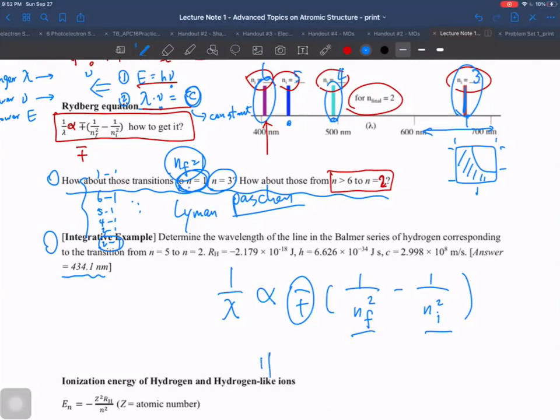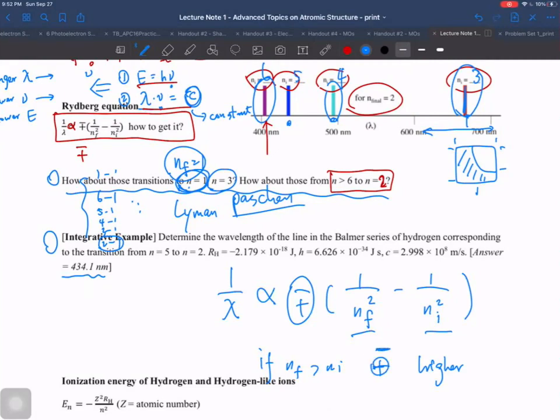So if nf is greater than ni, at this moment you should use the negative sign, right? Sorry, the positive sign, right? The positive sign, because it's from a higher energy level to a lower energy level. Am I right? I'm wrong.